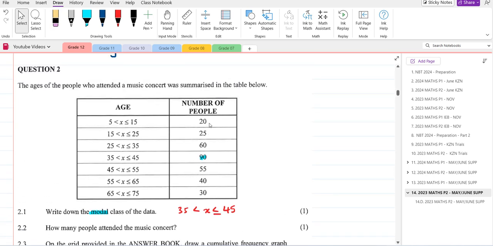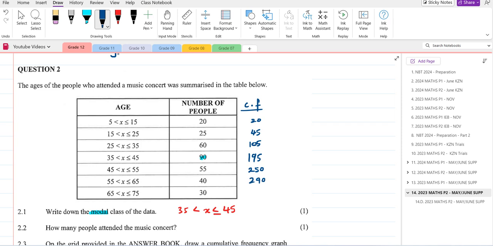How many people attended the concert? We can add up everything here. Let's just do a cumulative frequency, because we might need it. That's 20. 20 plus 25 is 45. 45 plus 60 is 105. 105 plus 90 is 195. 195 plus 55 is 250. 250 plus 40 is 290.